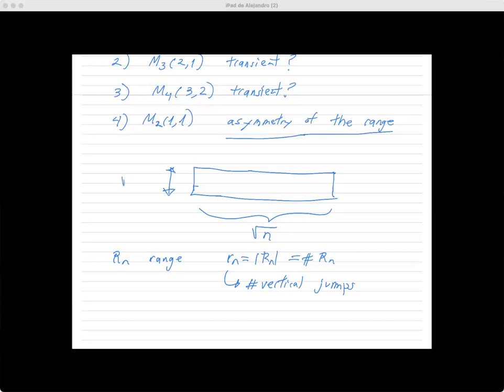So this means that the length of this vertical range should be more or less square root of Rn.